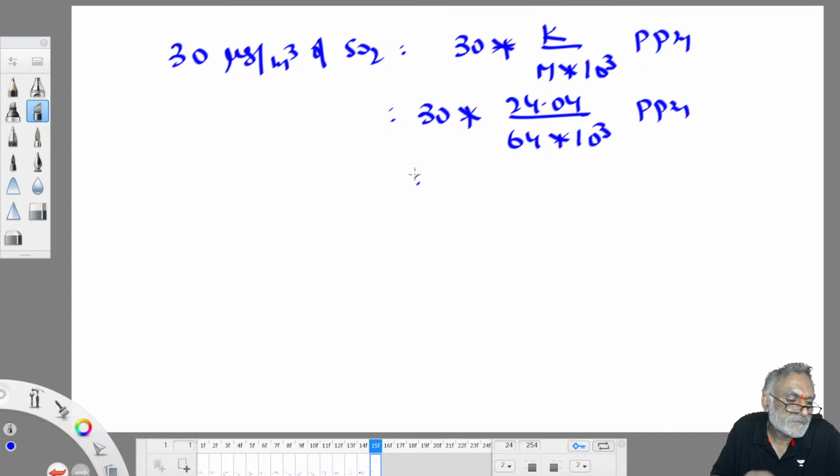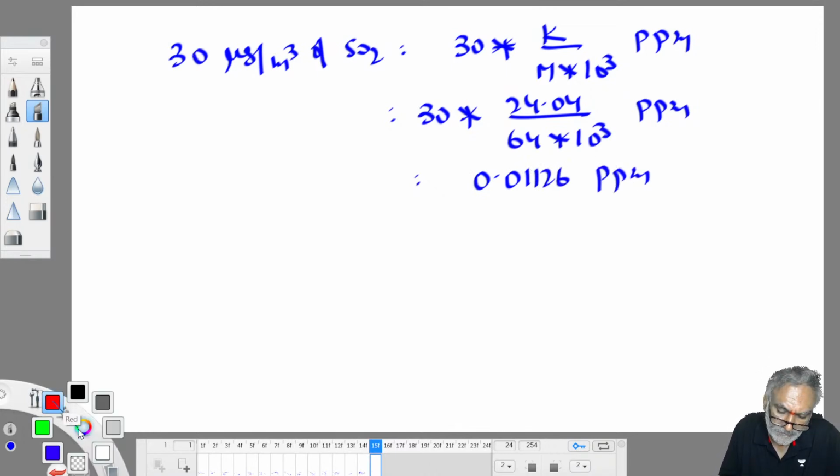That was the answer. So 30 into 24.04 by 64 into 1000. So it is 0.01126 ppm. That was the answer.